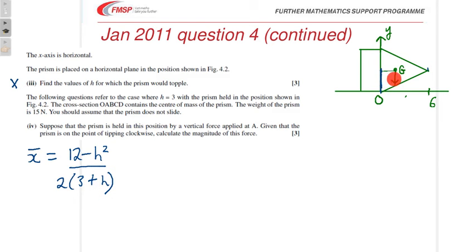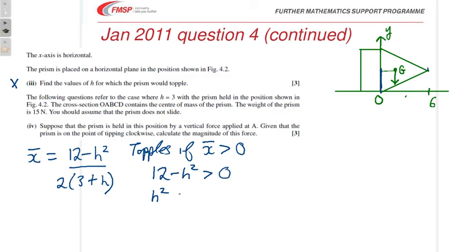In other words, if G is over here, because then the weight will act outside the base and tip it over. So all we have to say is that it topples if x bar is greater than 0, if it's positive. The bottom is clearly positive, twice 3 plus h, so we want 12 minus h squared to be positive. So h squared is less than 12, h less than square root of 12. We're going to ignore negative because we're assuming h can't be negative because it's a dimension.